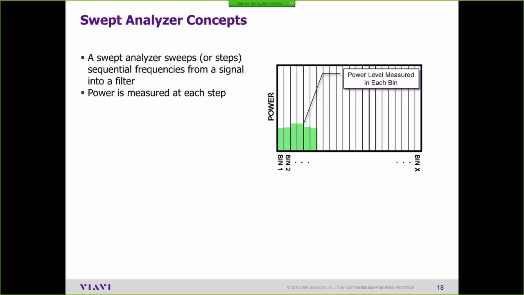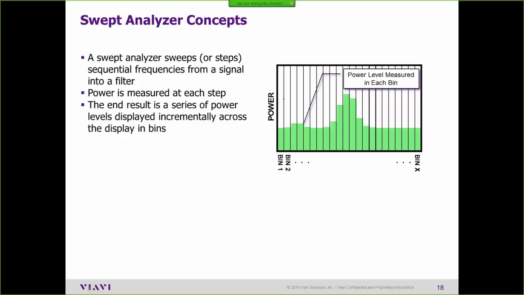So that's one of the key settings on a spectrum analyzer. If you go from the far left of the display to the far right, that's the span, but within the span, RBW bins are where the power is being measured.